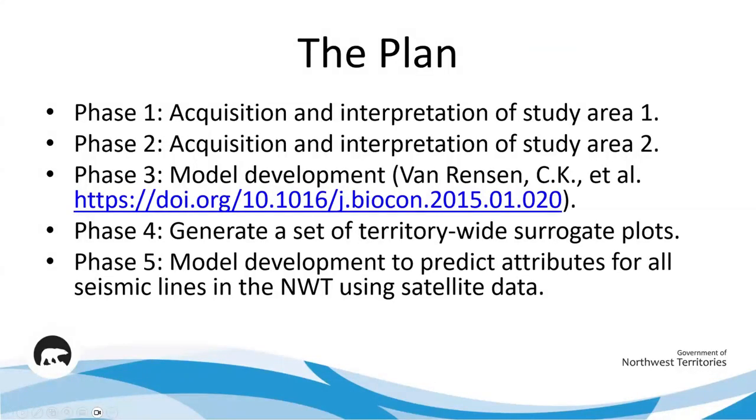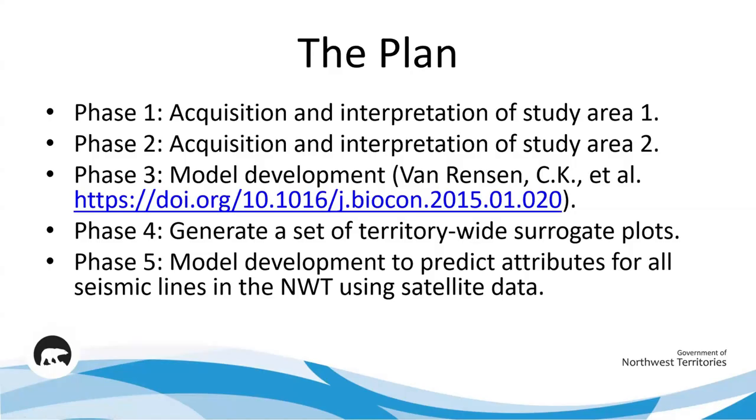So the plan for our project, I'm going to break it down into 5 phases here. I'm going to go into a little more detail on further slides. This is just an overview. The first phase is basically going to be acquiring aerial data, imagery and LiDAR from a study area, and doing some photo interpretation in those areas.